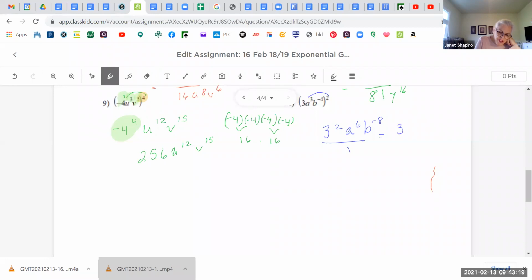So I have 3 squared, a to the 6th over b to the 8th. And the only thing then, there's no canceling from top to bottom or anything. I just need to figure out the 3 squared, which is 9. So our answer is 9a to the 6th over b to the 8th. That's it.